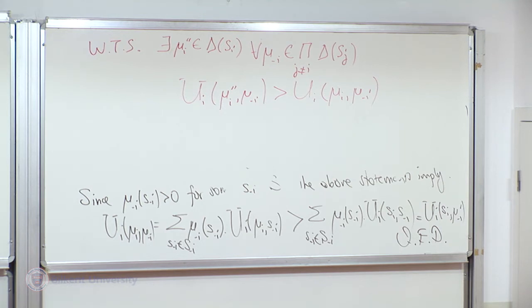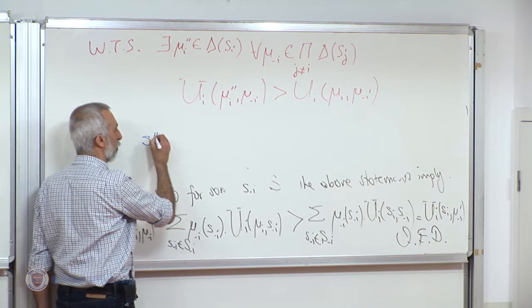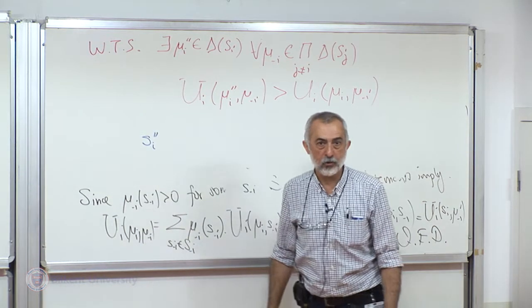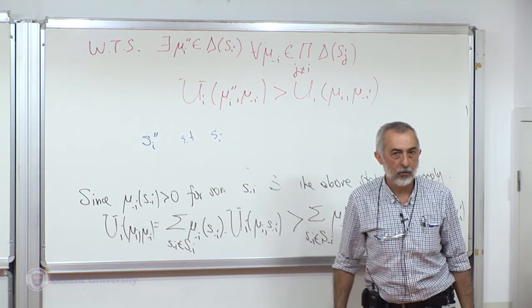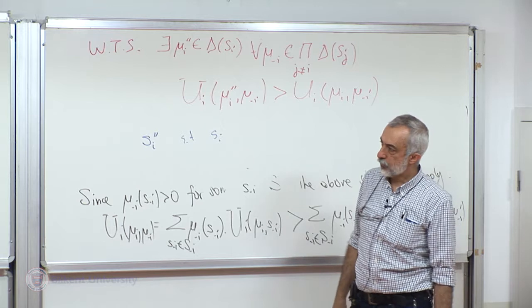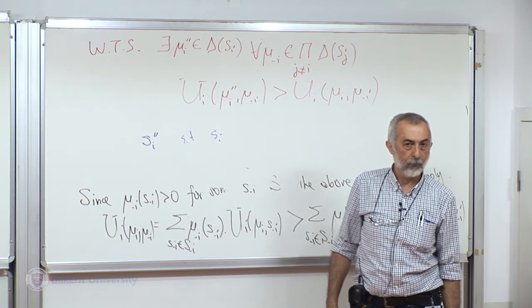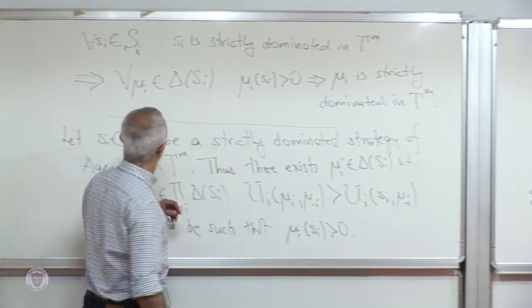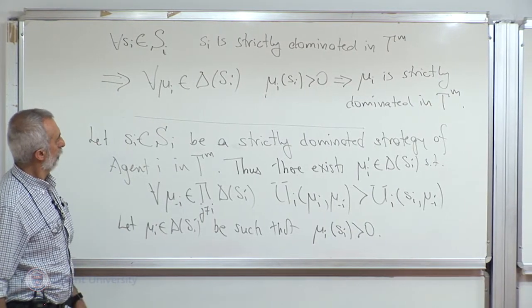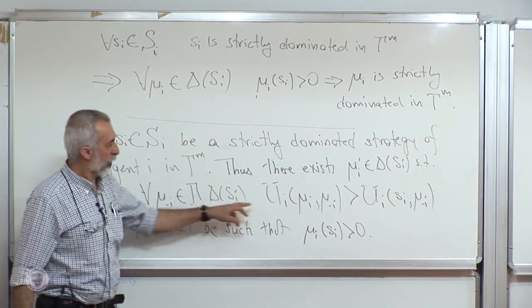Yep. Because we know that... So you're working with another pure strategy. So you're saying that there is another pure strategy, Si double prime, that strictly dominates Si. So how did we get to that conclusion? Since we know that there's a mu I prime, which strictly dominates.